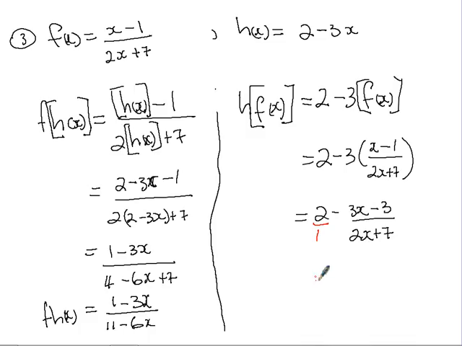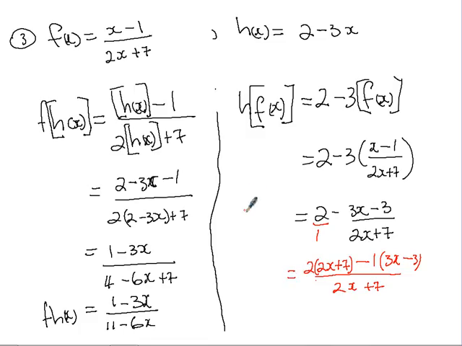In this case, the LCD is 2x plus 7. So 1 into 2x plus 7 is 2x plus 7, so you multiply that by 2. So 2 times 2x plus 7 minus 1 times 3x minus 3. You remove the brackets and simplify the numerator.